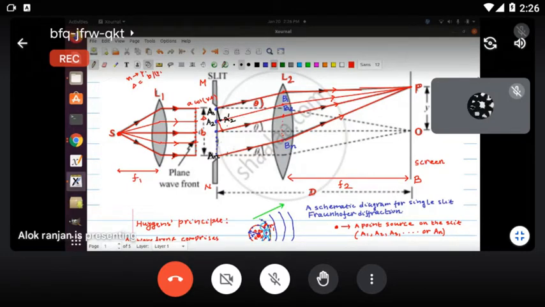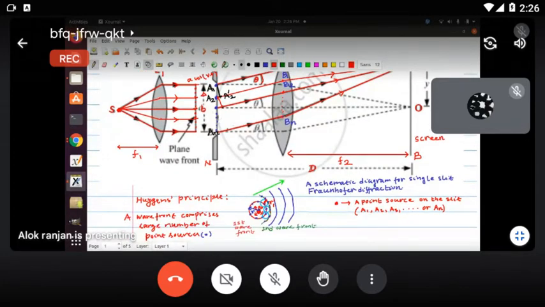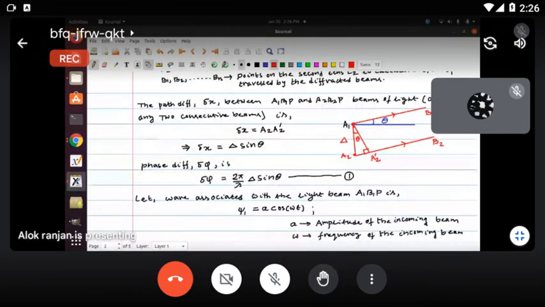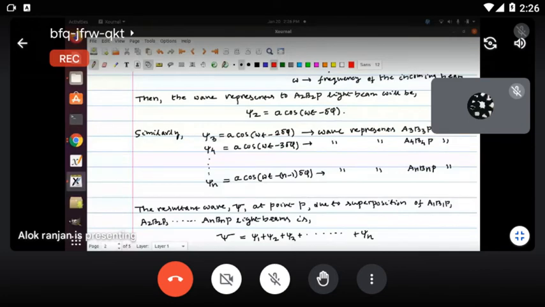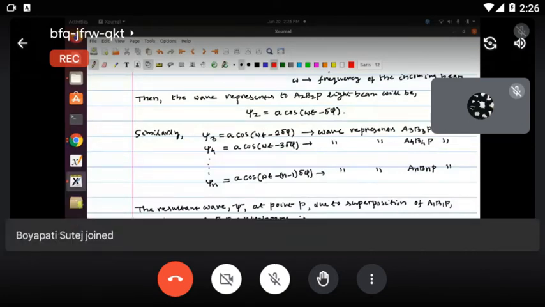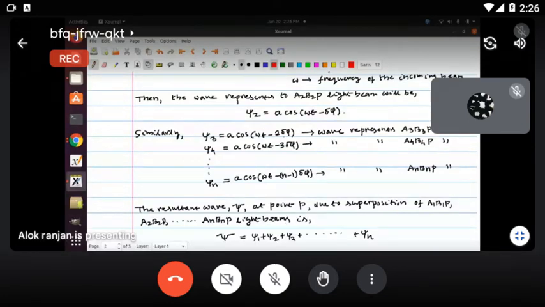Since you know the wave associated with the A2 B2 P light beam, you can easily construct the wave associated with the A3 B3 P beam: omega t minus delta phi, again minus delta phi, so 2 delta phi. Similarly, you can get the wave associated with all these light beams that eventually converge at the point P over the screen.